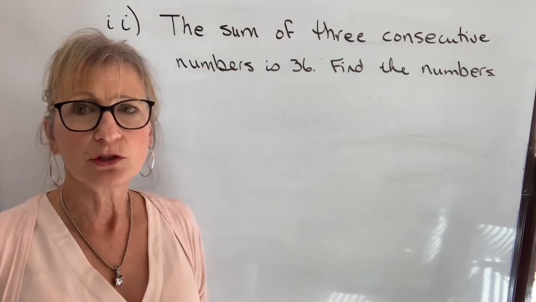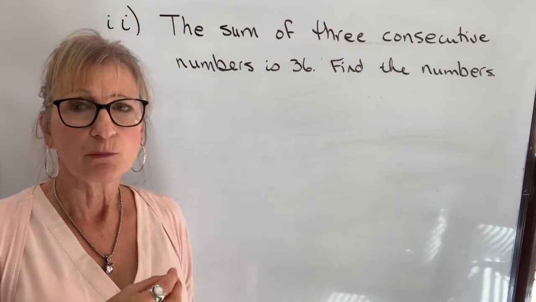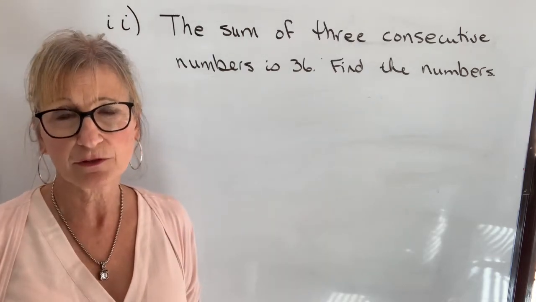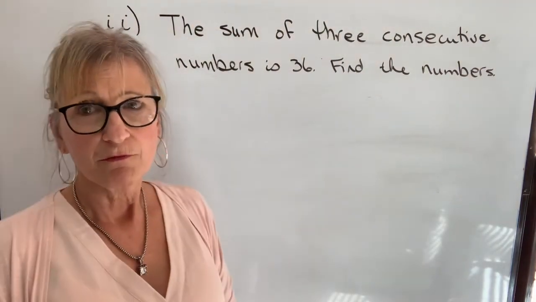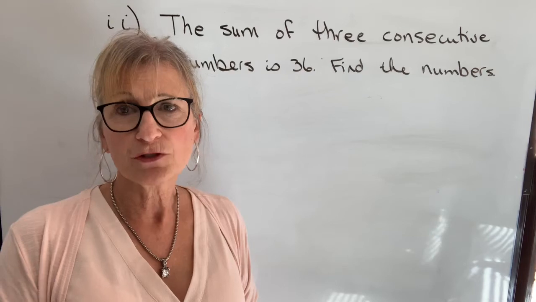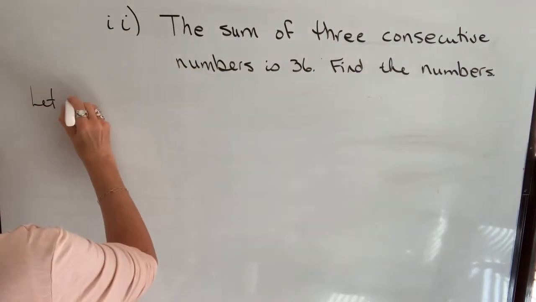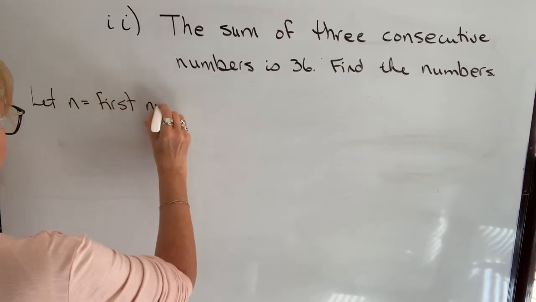So what we want to do is define what our unknown is going to represent, and then try to represent those other 2 numbers in terms of that variable. So again, I'm going to use n as my variable, and I'm going to let it represent the first number. So let n equal the first number.